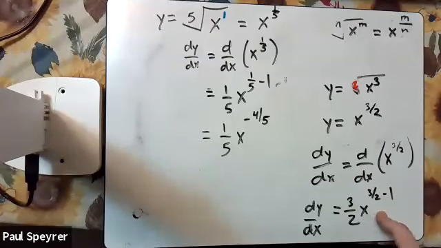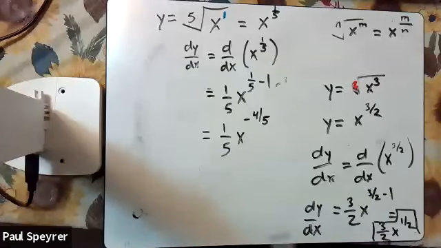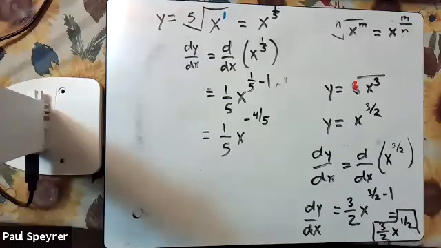We can continue to simplify this, right? This is 3 halves x to the 1/2 power. So yes, you need to combine your fractions. All right, combine those numbers into one number. It can become positive or negative, right? It depends on just what you initially started with.